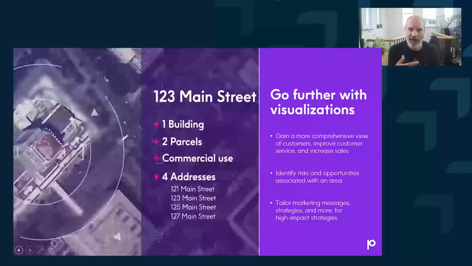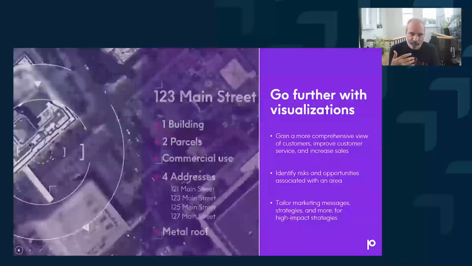So we have a series of tools that allow you to look at and understand the relationships of, say, location data with customer data, to understand risks and tailor those marketing messages, looking at strategies.